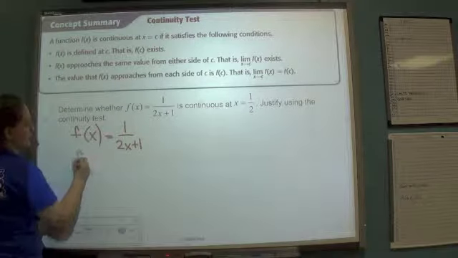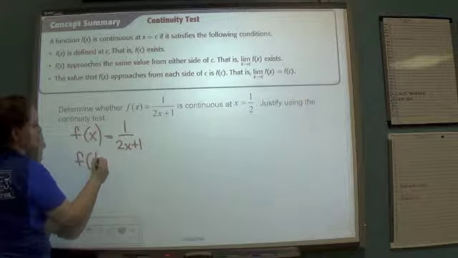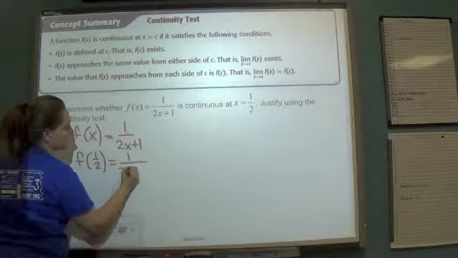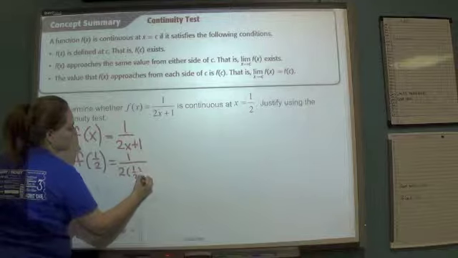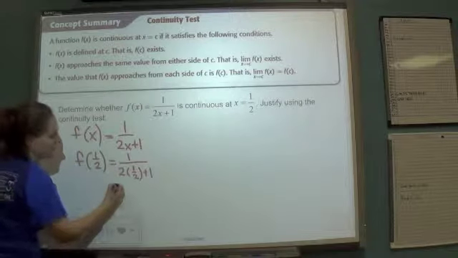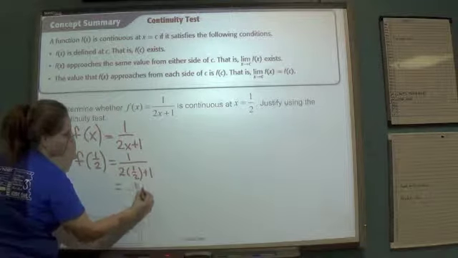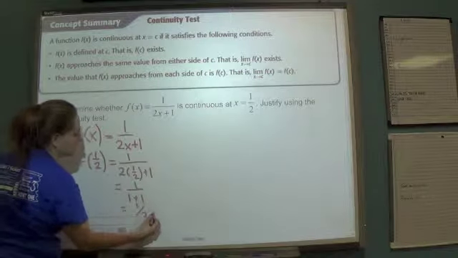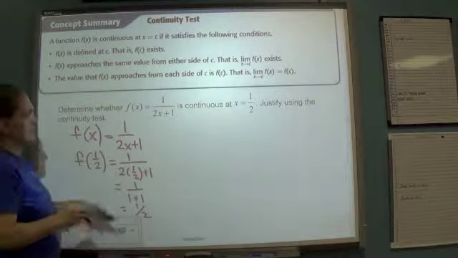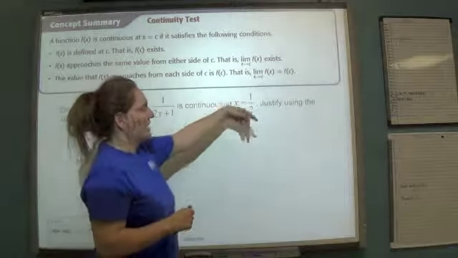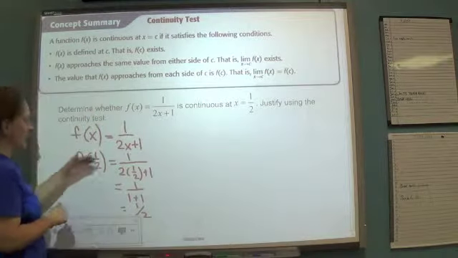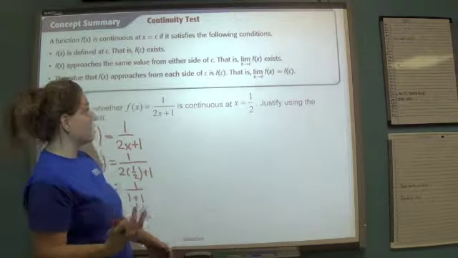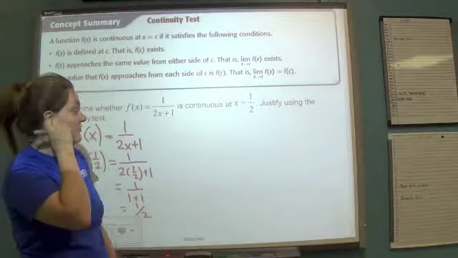So f of 1/2, because that's what it's asking, equals 1 over 2 times 1/2 plus 1, which equals 1 over 1 plus 1, which equals 1/2. So when I plug it in, f of 1/2 equals 1/2. So far so good, it is going to be continuous at 1/2.